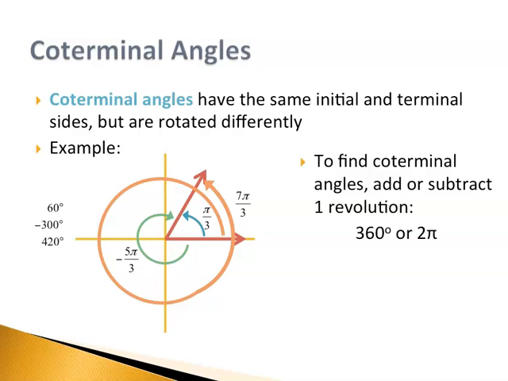If you work with pi over 3 and add 2 pi, you're doing pi over 3 plus 6 pi over 3, which is 7 pi over 3. If you subtract 2 pi, you would be doing pi over 3 minus 6 pi over 3, which would be negative 5 pi over 3. So either way, you are adding or subtracting one full revolution or one full rotation.